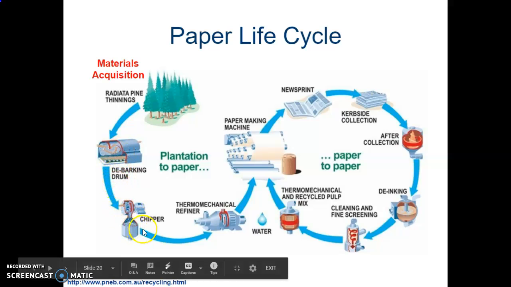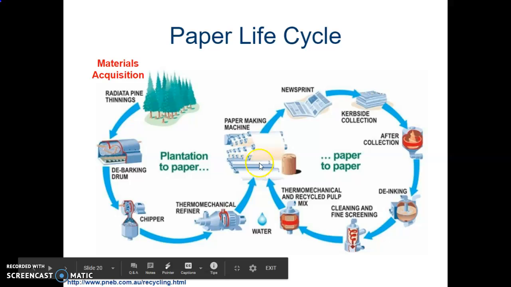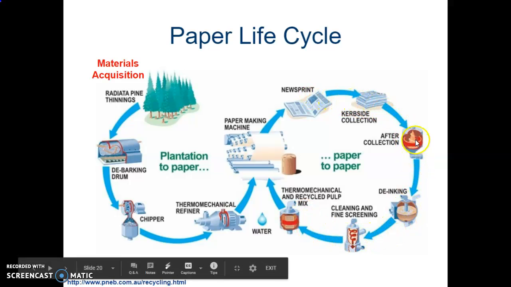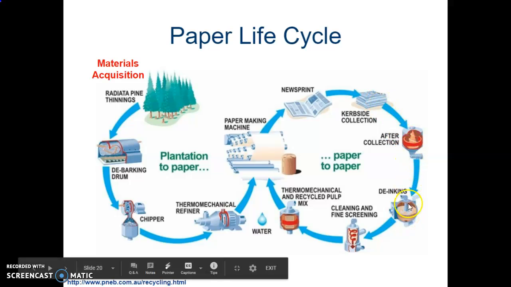We debark, chip, refine, and then we manufacture paper using paper making machines. Okay, and then we use the paper and we distribute it. Okay. And then eventually we are going to dispose of or recycle. In this case, they did a recycle here where you could take the paper and you can make it back into paper.